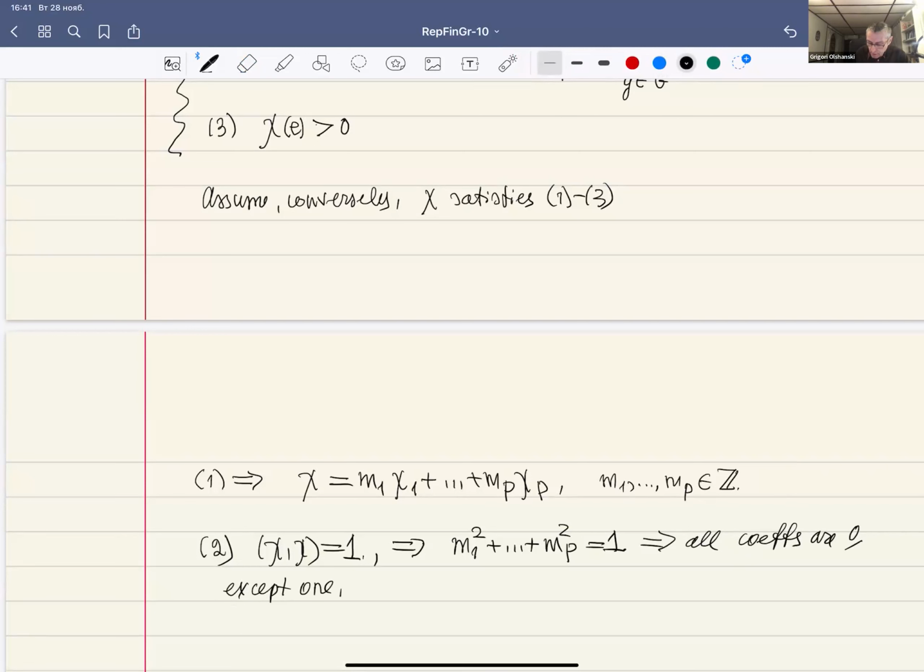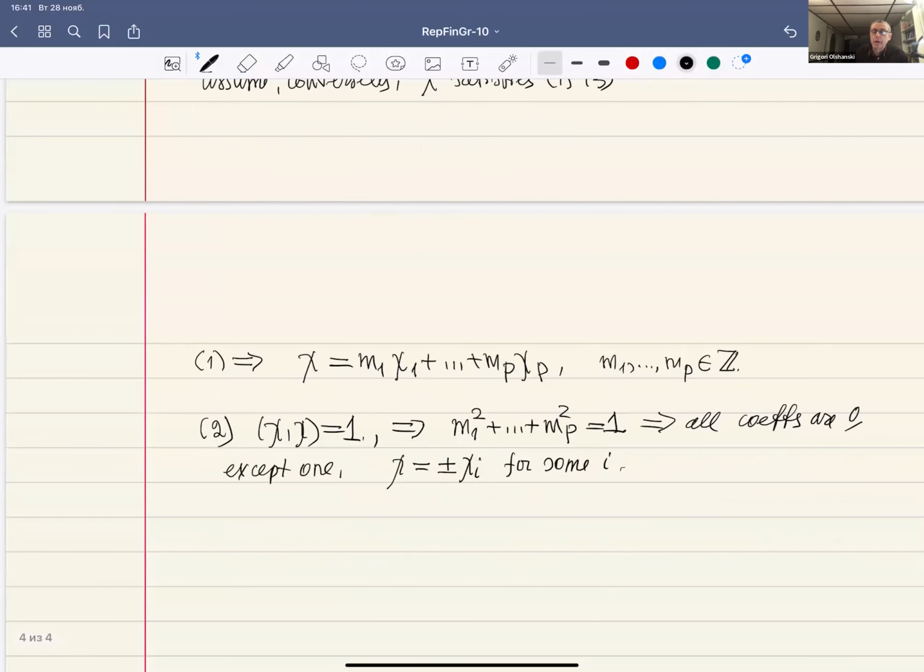So we actually have that our function is plus or minus some irreducible character. But now we apply this condition and conclude that actually it is exactly an irreducible character. So is this argument clear?